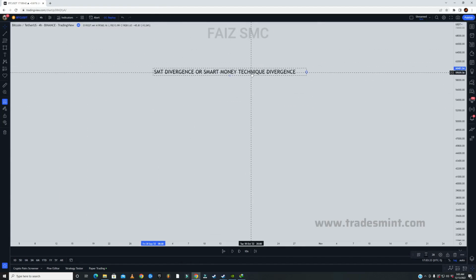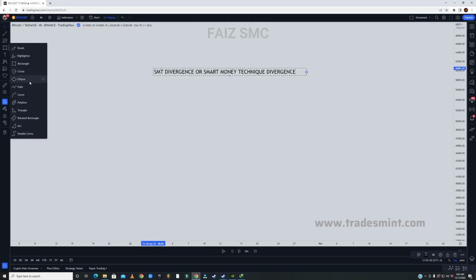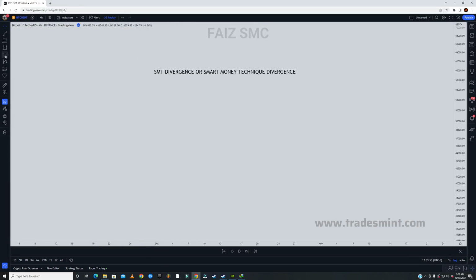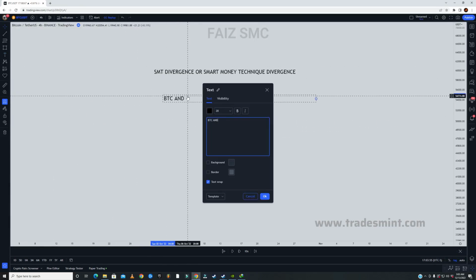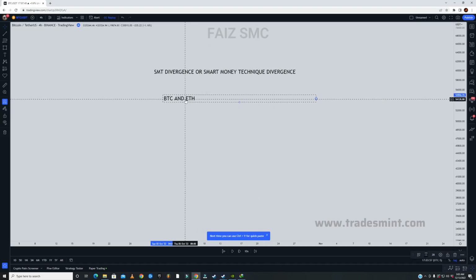For this strategy, you need 2 or 3 correlated pairs. These are pairs, assets or instruments that have similar movements, with correlation between each other. For example, Bitcoin and Ethereum have similar movements.